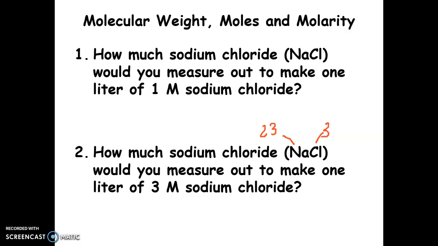So the molecular weight for sodium chloride should be 58. Remember, the unit is always going to be Dalton for molecular weight because atomic mass unit is Dalton. 58 Dalton. So now, what is the molar weight? How much is 1 mole of that weigh? So the molar weight then will be 58 gram.